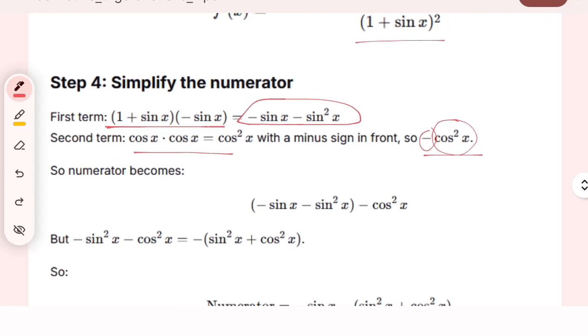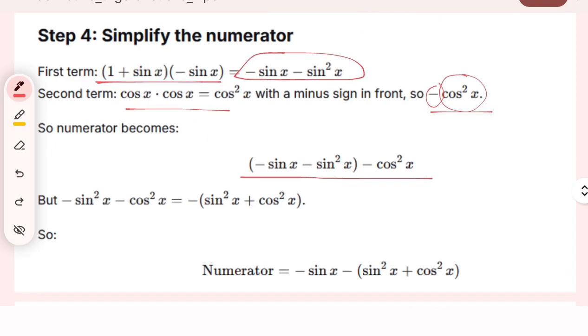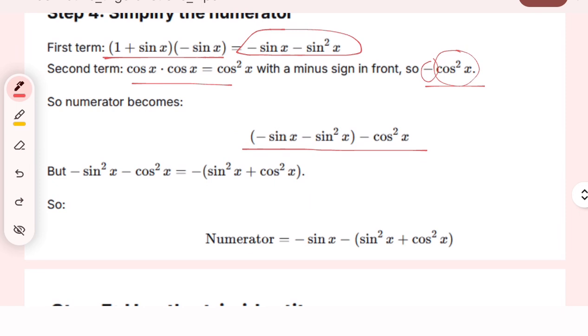So this is now our numerator. That's our numerator. But remember this one? Do you remember this one? Is equal to this one? Now, there are some trigonometric properties that you need to remember as well.